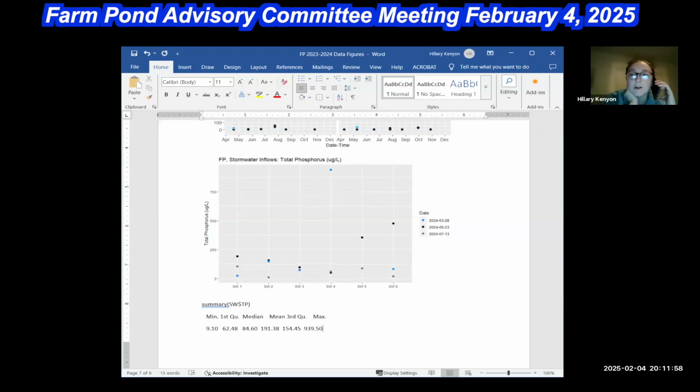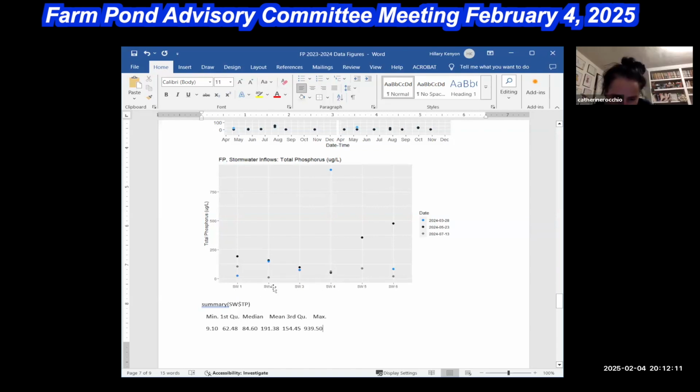The points shown from the stormwater samples are all on here. So you averaged for a date? No, each one of these is a site. Yes, we have 6 sites identified by the volunteers.